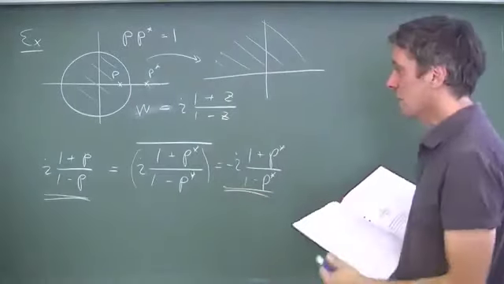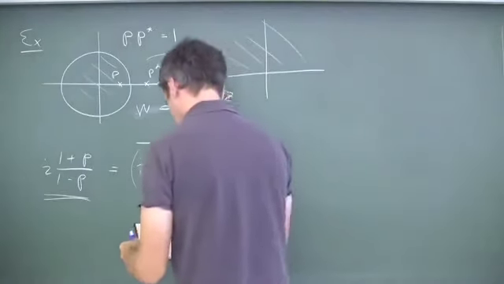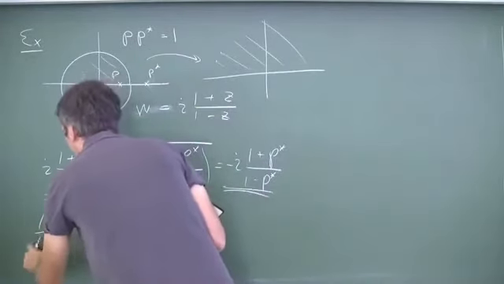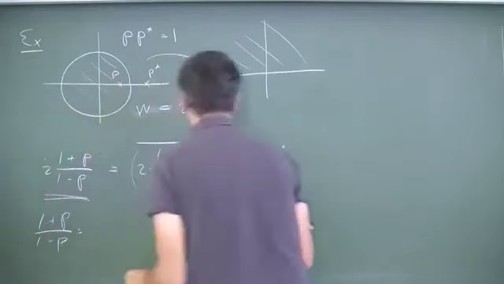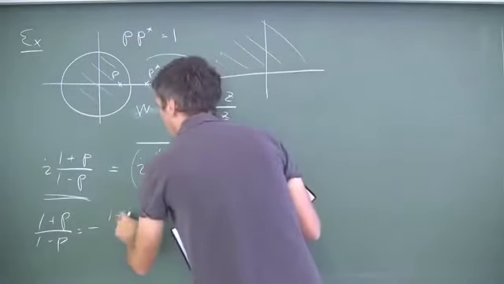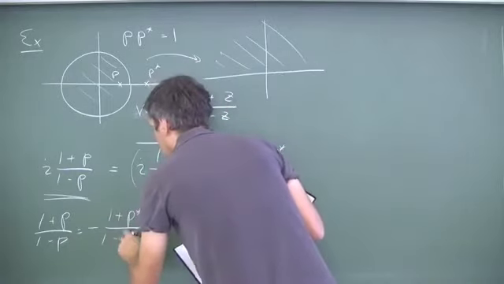And if you just divide by I, you get (1 plus P) divided by (1 minus P) equal to minus (1 plus P star) divided by (1 minus P star).